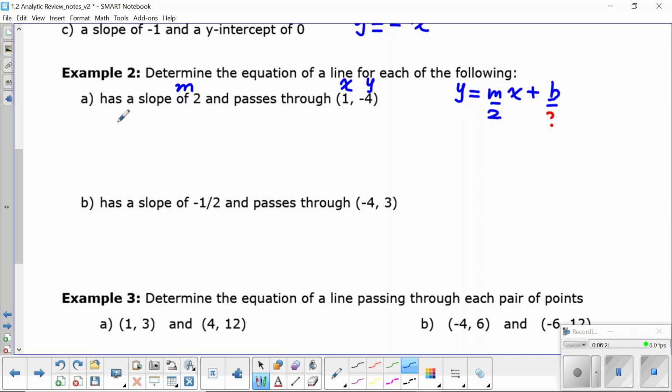We sub in m equals 2, x equals 1, and y equals -4 into the slope intercept equation.